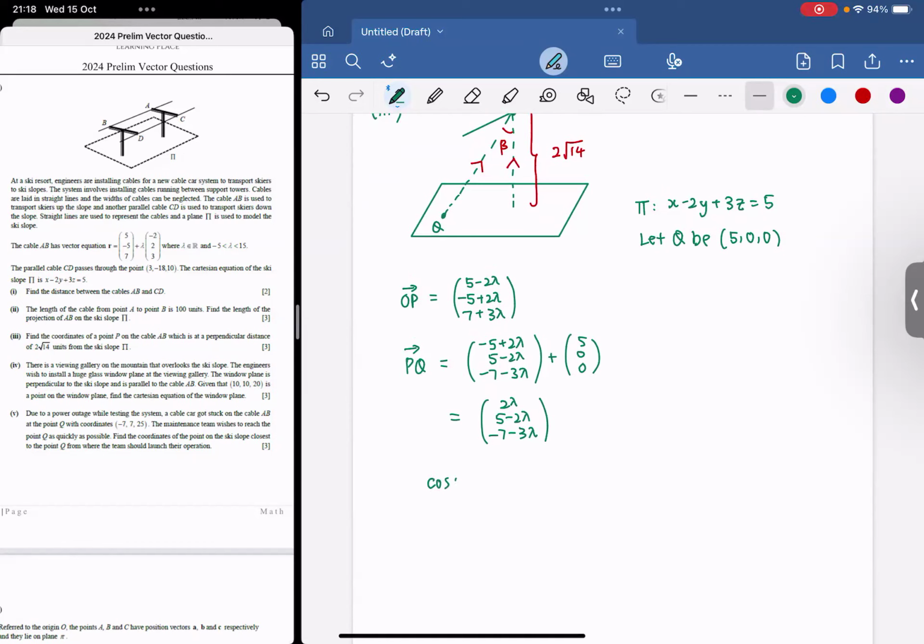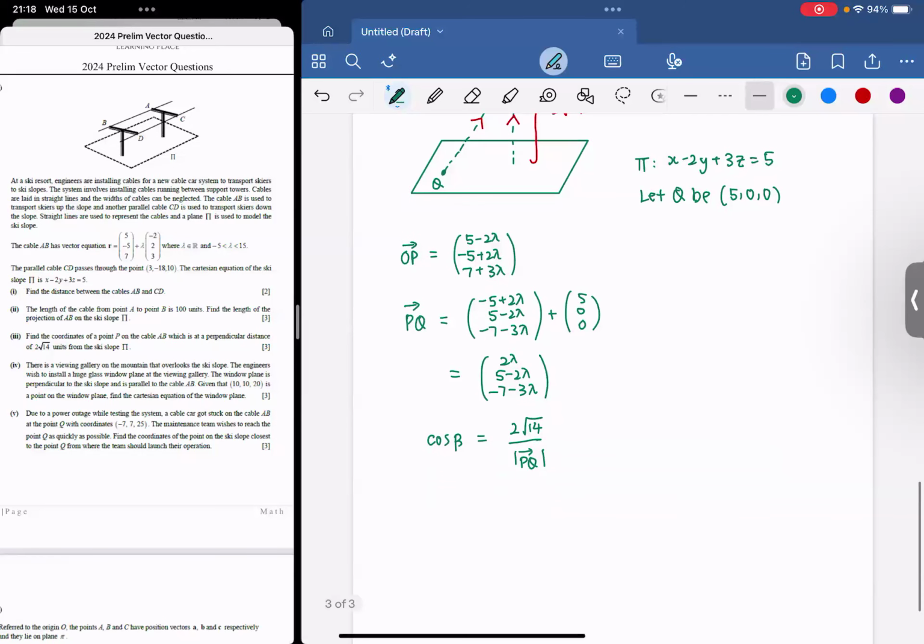Cosine beta equals 2 square root 14 over the length of PQ. Cosine beta is just PQ dot the normal vector of the plane. Remember to put modulus because we are finding length, over the length of PQ and the length of the normal vector.